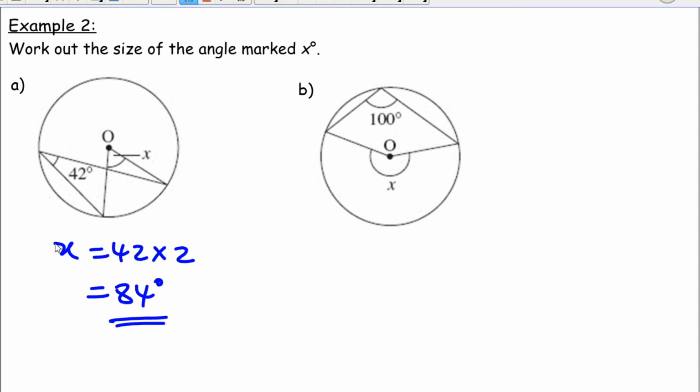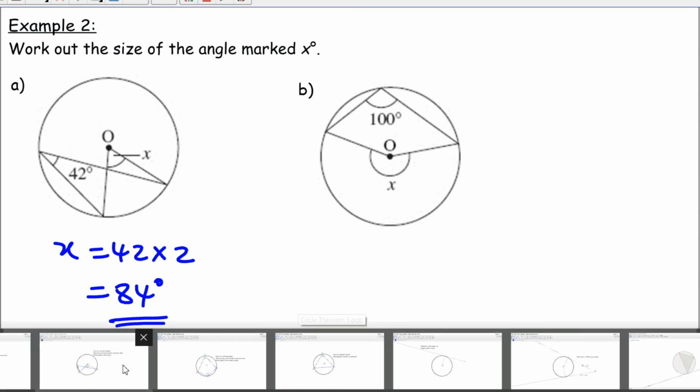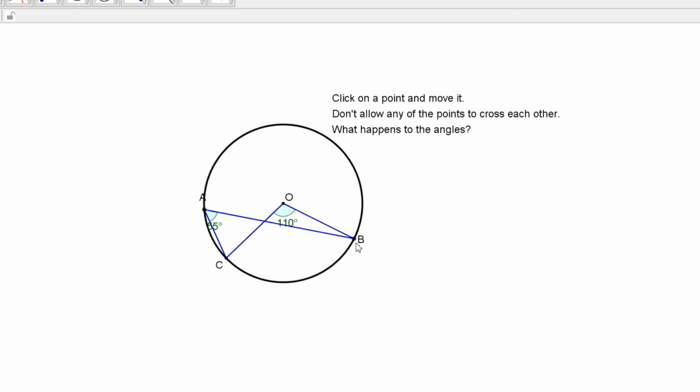And in B, we are going to use the same application again, though it may not be very clear. But what we have is something like that. It's not exactly something like that. Now, if you notice here, you can see that the angle at the center is double the angle at the circumference.